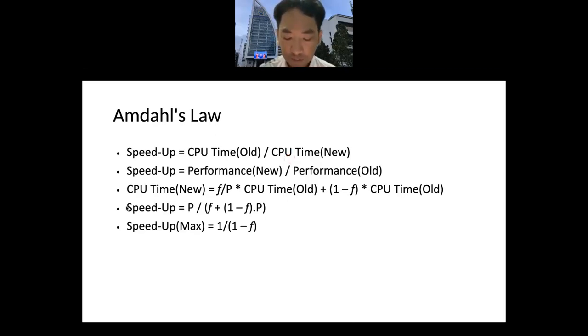When we divide them together, we get the speedup, or we can calculate it from the performance of the new system divided by the performance of the old system, like this.